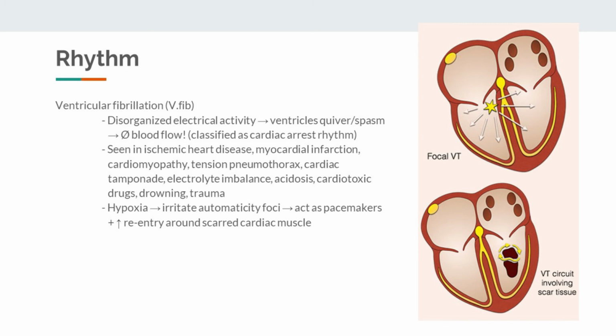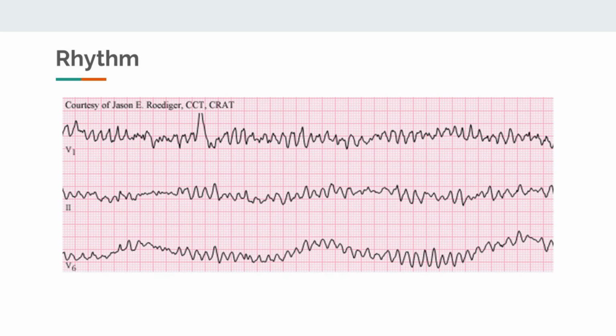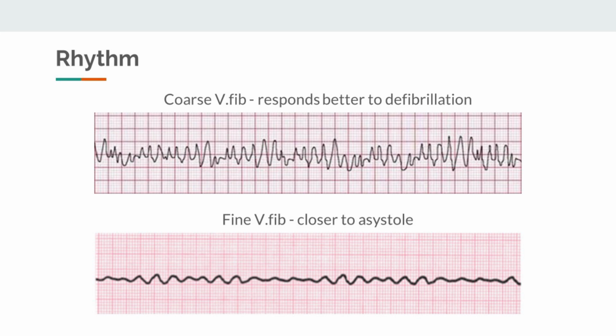Hypoxia is also thought to increase the re-entrant circuits, which would further exacerbate the problem. On the EKG, all you see are random squiggly lines or fibrillatory waves caused by the ventricles quivering and spasming. There are no P waves, QRS complexes, or T waves. Coarse VFib tends to respond better to defibrillation than fine VFib. You can see how fine VFib more closely resembles asystole than coarse VFib.